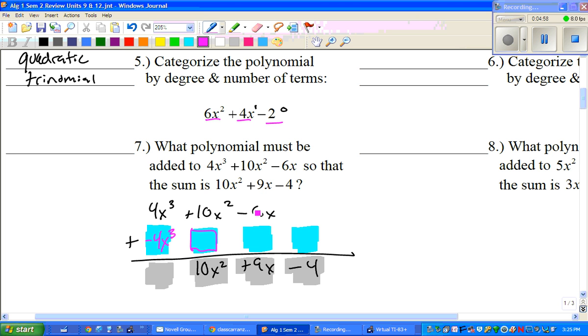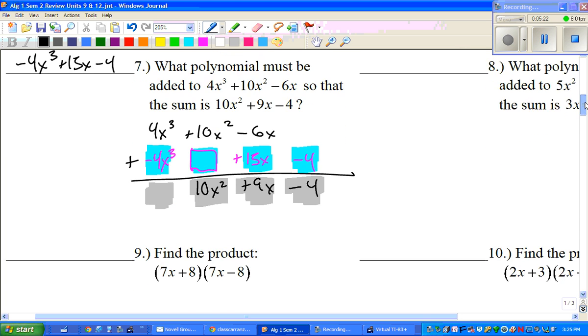That's a positive 15x, and I have nothing on the top here, so this is just going to be negative 4. So what we need to add is negative 4x cubed plus 15x minus 4, and that's how we get that answer. Okay? All right.